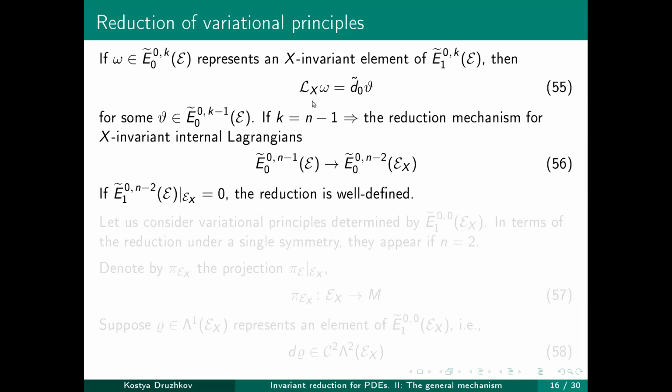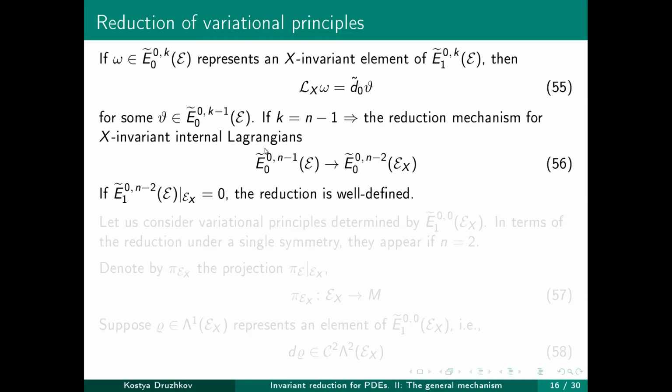If k is n-1, that is, when the dimension of space is n-1, then we get the reduction mechanism for X-invariant internal Lagrangians, right? Again, here we have not 0 pages, but first pages and X-invariant elements, not all of them.